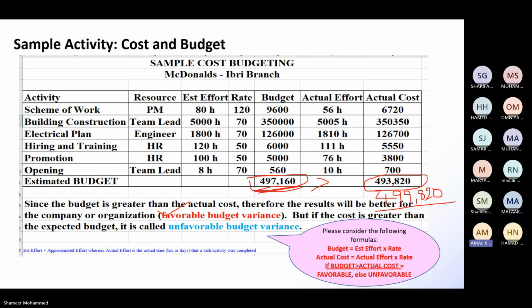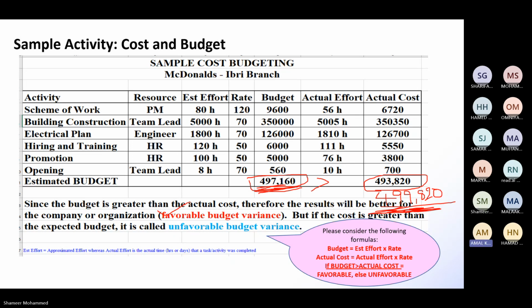Maybe it's favorable? No, because it's less than the budget. See here, for this one, 493 is favorable, but this one is 499. Is this greater?